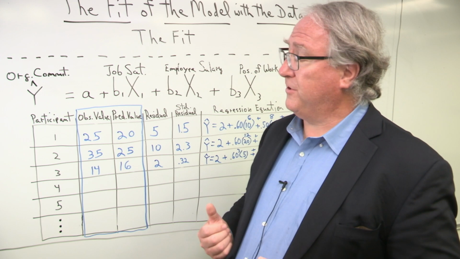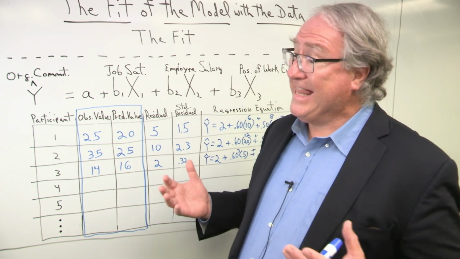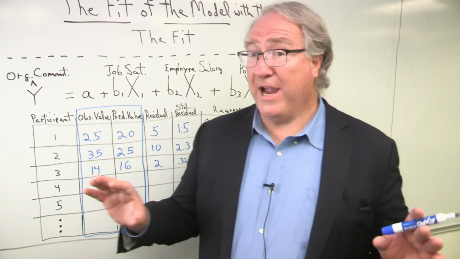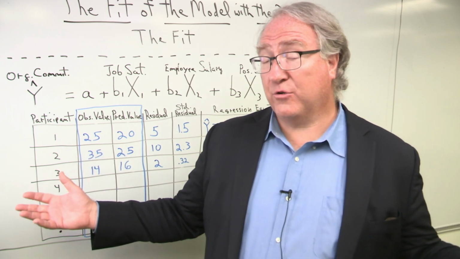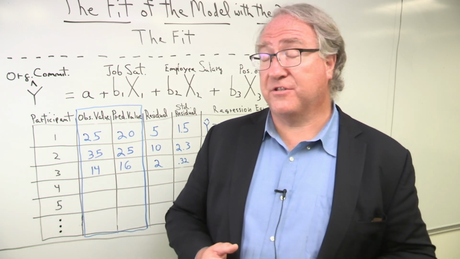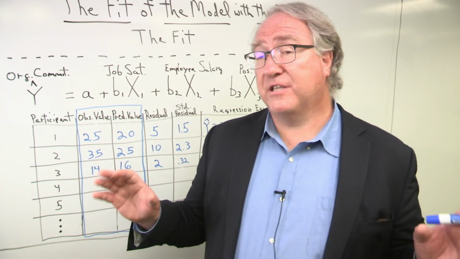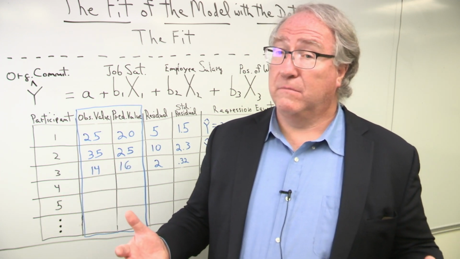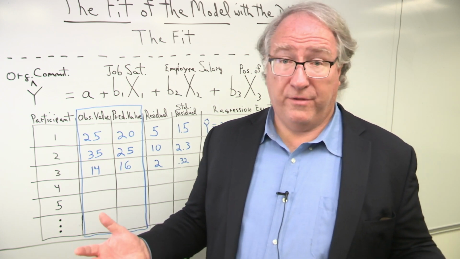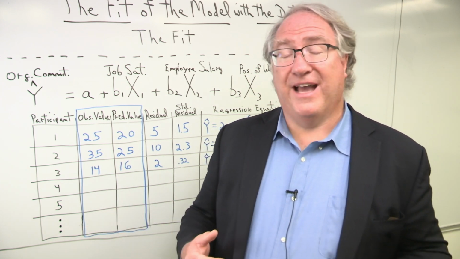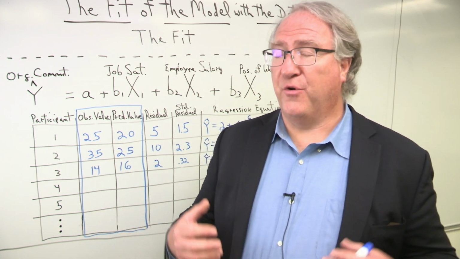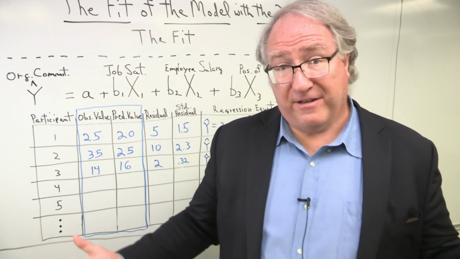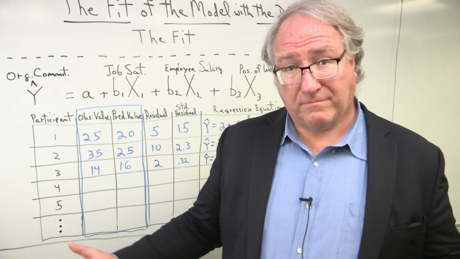You've got to do the actual analysis and see what it has to say, but that would suggest that you may have a model that is a good fit with the data.